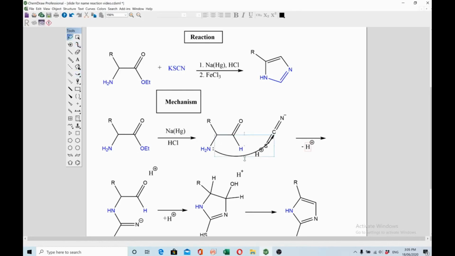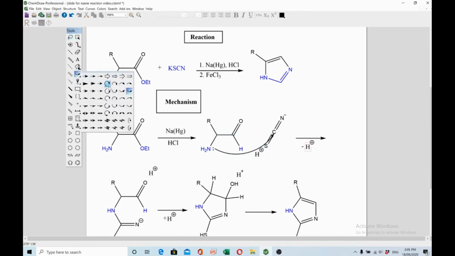So in that way it makes the bond between this carbon and nitrogen. This is how the first step is started, and next is shifting of this double bond between carbon and sulfur towards sulfur.